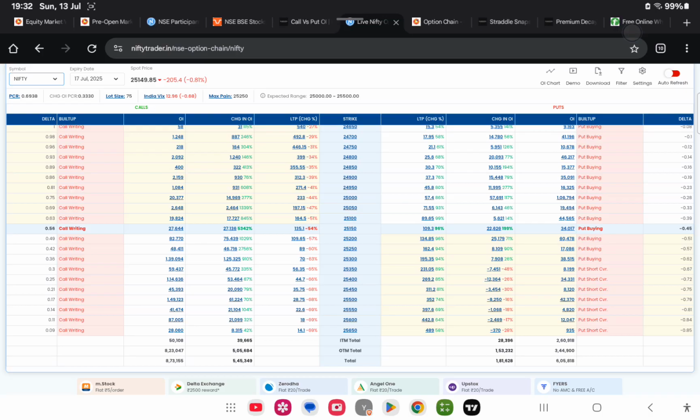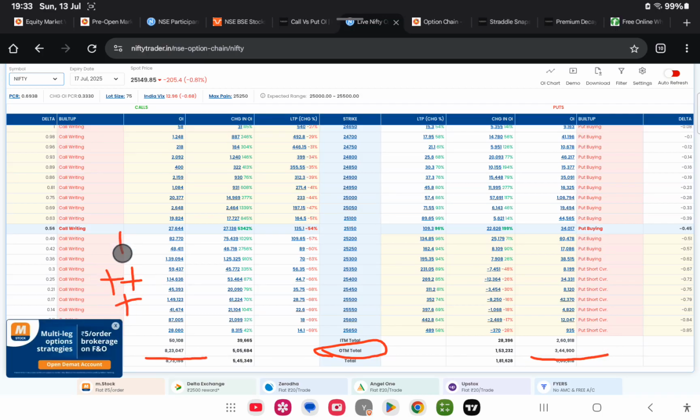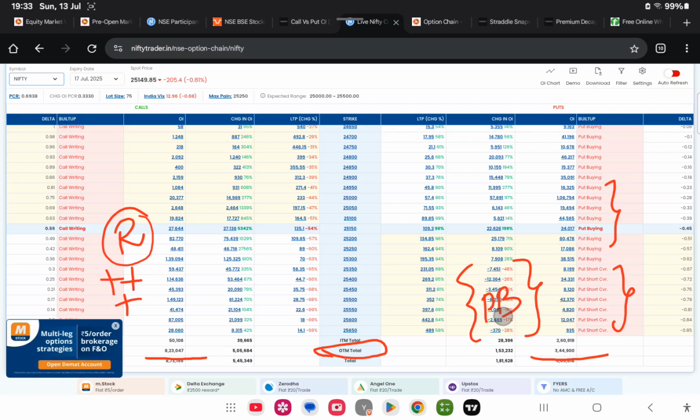You could clearly see here when you take OTM, from the seller's point of view, OTM is always great. 3.4 and 8.2, so too much call writing. That means the market is facing strong resistance. Here put buying has been done and some profit booking is also seen here. So here it's the profit booking zone. Okay, so this is the range for the week and this is the max pain.